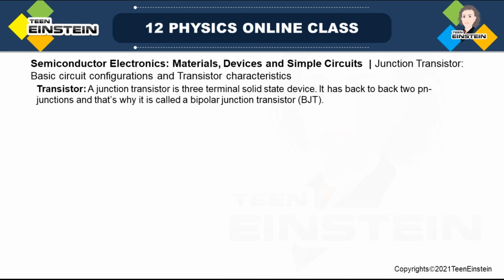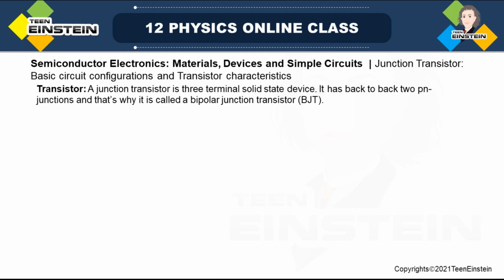So basically today we'll learn about transistor characteristics in a particular configuration. Transistor characteristics, we had already learned what is meant by characteristics. Characteristics means a set of curves or a set of graphs.